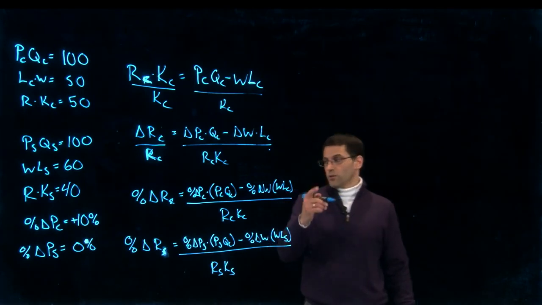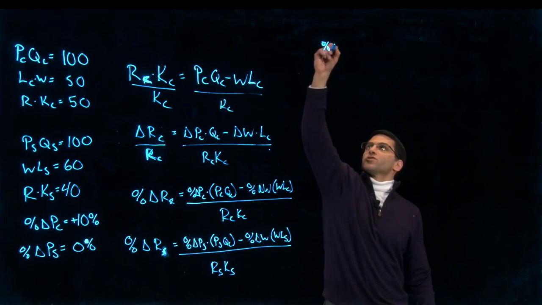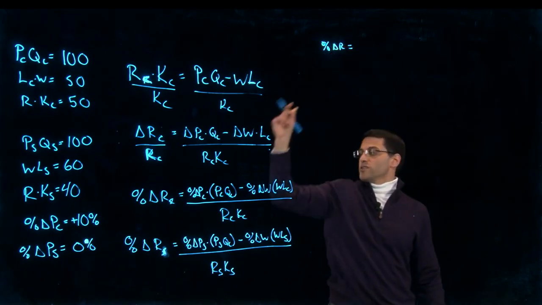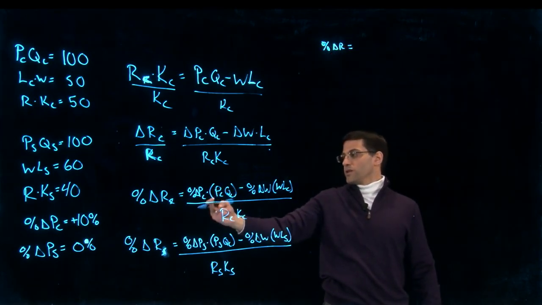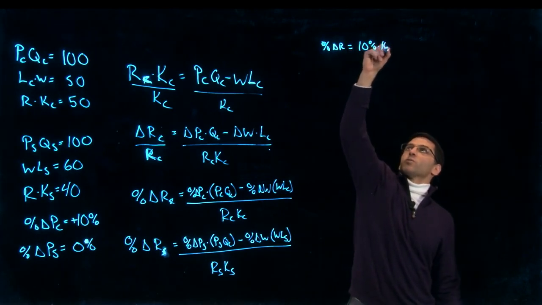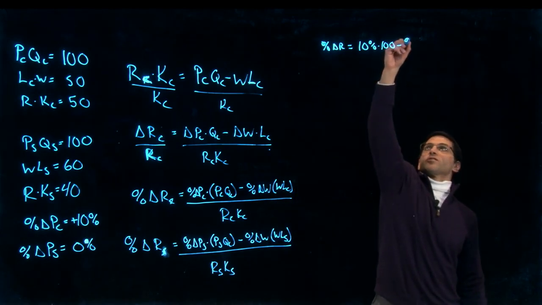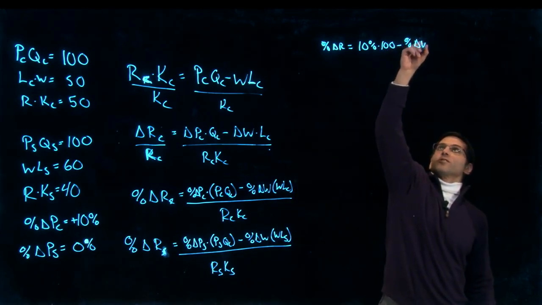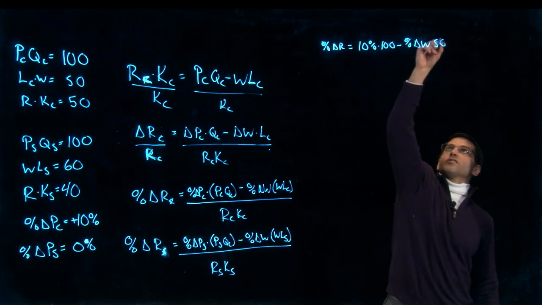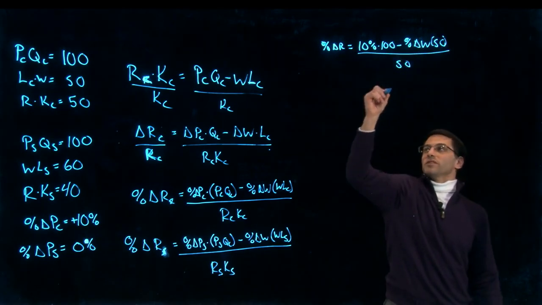So if we can start plugging in here. The percent change in the rental rate is equal to a 10% increase in the price of computers times 100 minus the percent change in the wage times 50, all over 50.